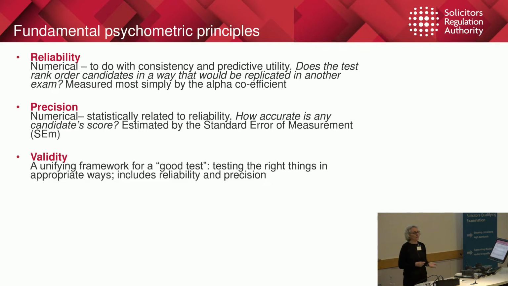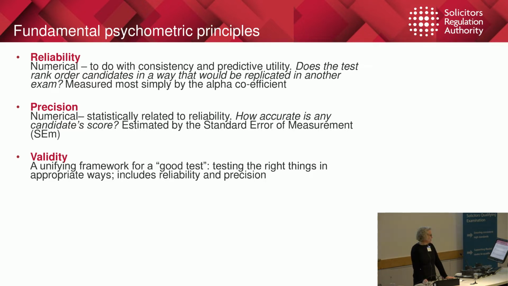And it's measured by something called the alpha coefficient, which I will explain later. The reason that's important is clearly if candidates sat one exam and it rank ordered them in one order, and then they sat another similar exam and it was a completely different order, that really isn't a very good basis for granting a license to practice.